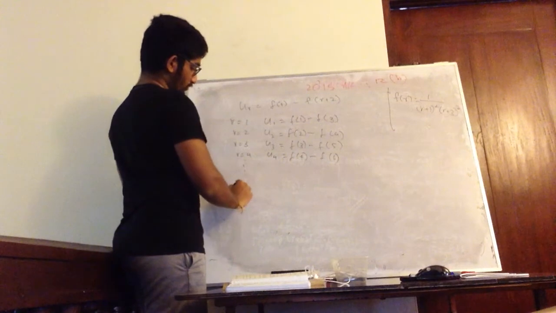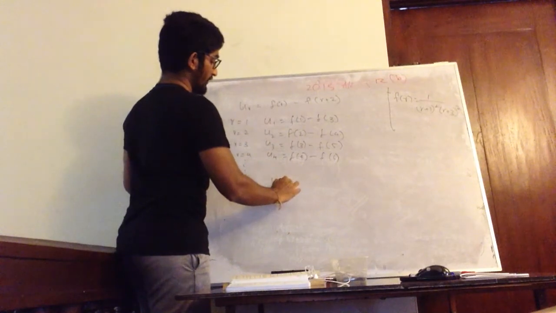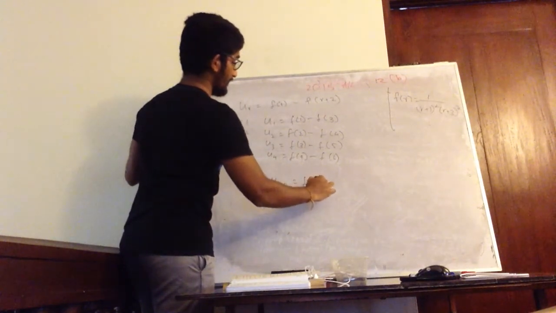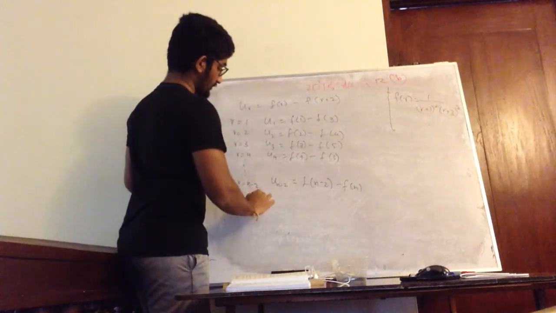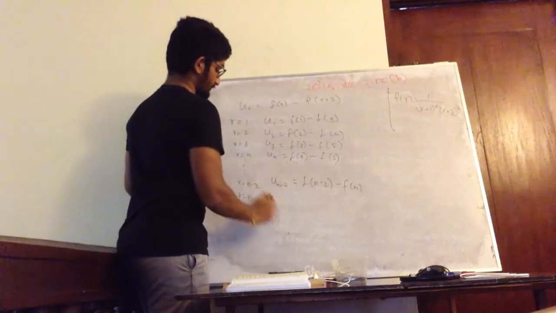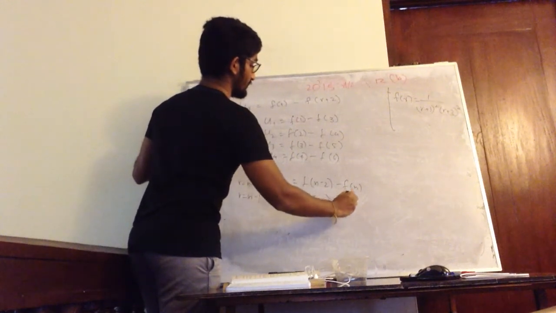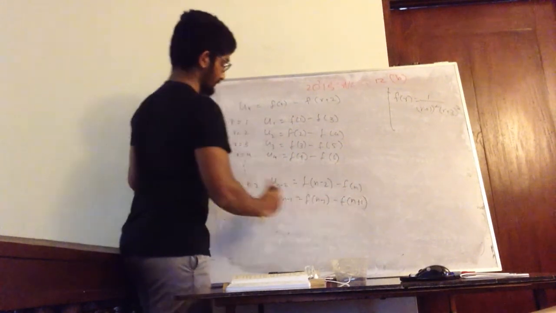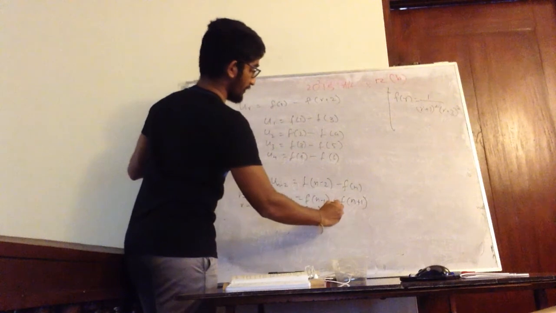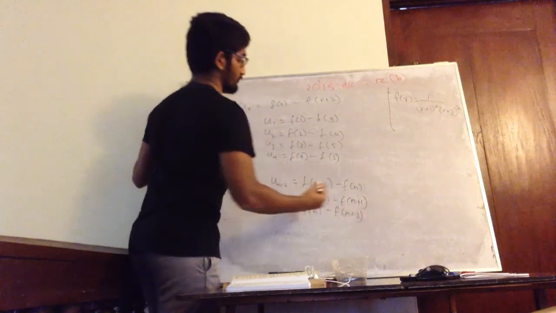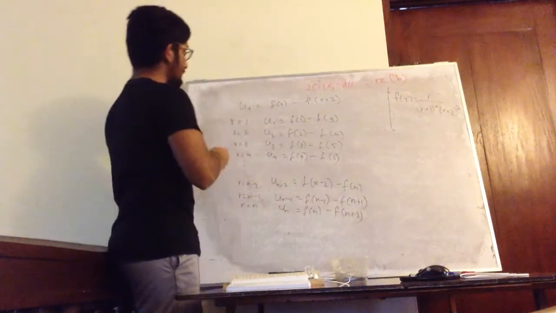If I go down to, let's say, r equals n minus 2, that is u_(n-2), which is going to be f_(n-2) minus f_n. For r equals n minus 1, u_(n-1) is f_(n-1) minus f_(n+1). For r equals n, u_n is f_n minus f_(n+2). Correct now? Right, so what we are doing here, we need to add these up now.